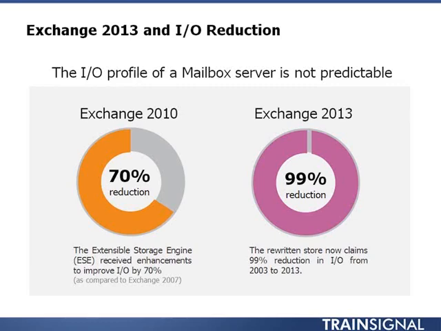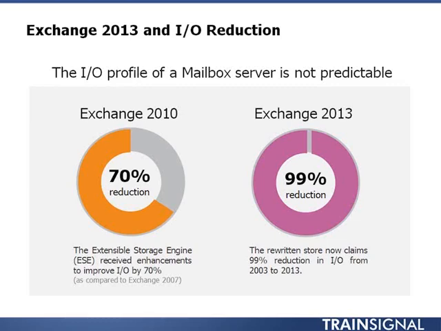So when you look at that, really going all the way back to 2003, with the 2013 rewritten Managed Store, the Exchange team now claims 99% reduction in I/O, or IOPS, that's input output per second, from 2003 to 2013. So what does this change mean?